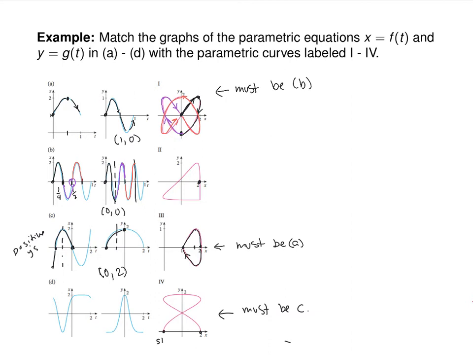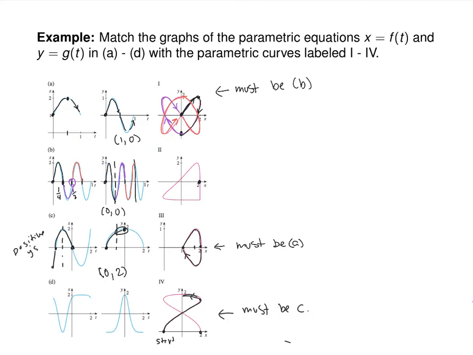So that's actually where this curve is going to start. And then they increase to x being positive 2, which is actually this point out here. And they decrease to 0. Notice how in that portion your y only has a little bit to increase to 2. That's why this part is so flat.